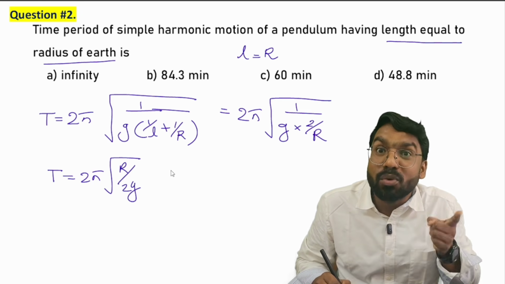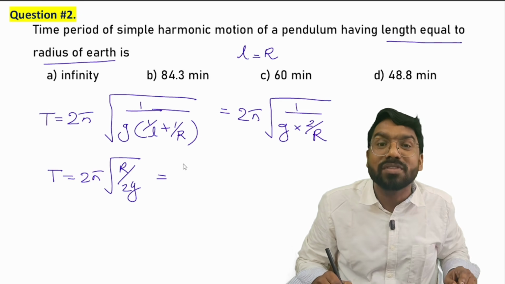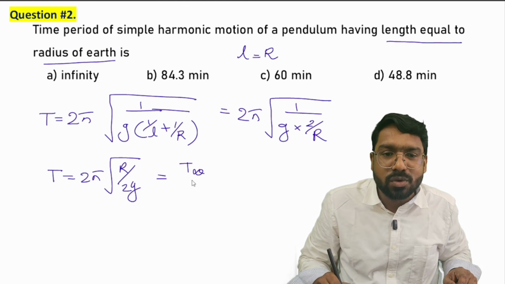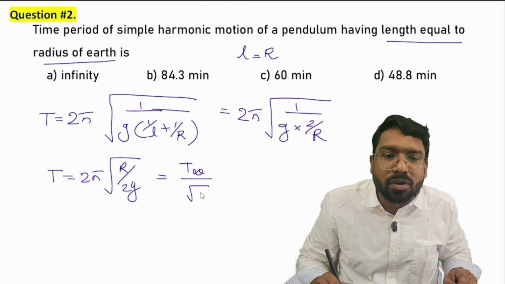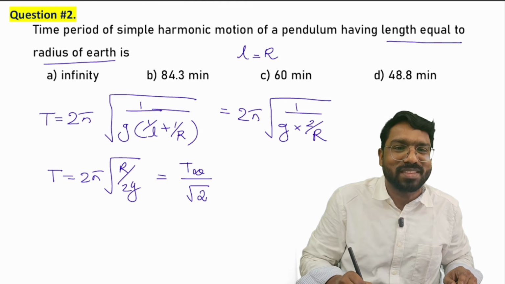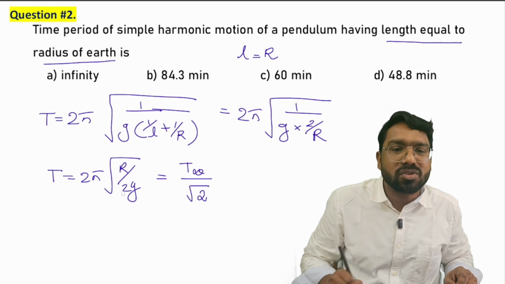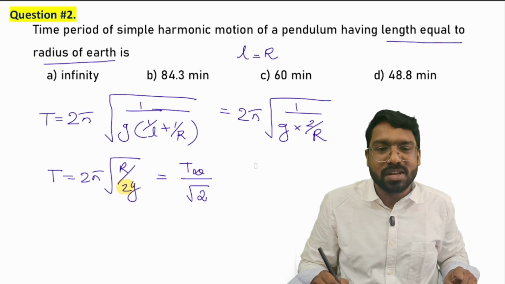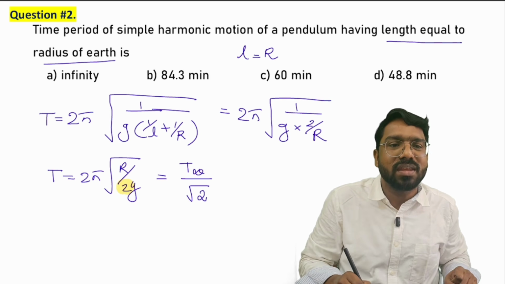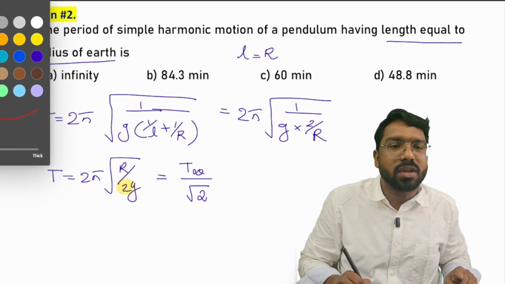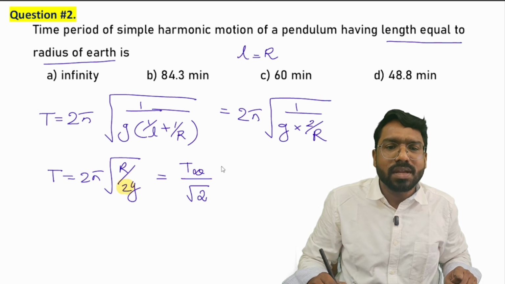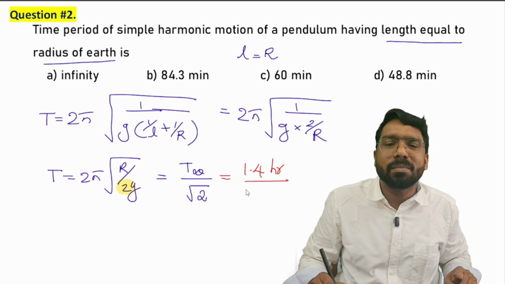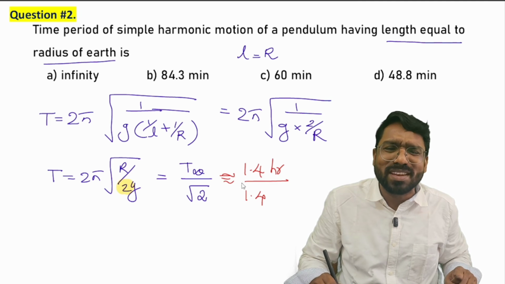Hey, 2 pi root r by g is what? Time period of infinite length pendulum, right? So time period of infinite length pendulum divided by root 2, because there is extra root 2 inside on the denominator. So what is T infinity? It is near to 1.4 hour, right? Divided by root 2, whose value is 1.414, approximately 1.4 is enough.